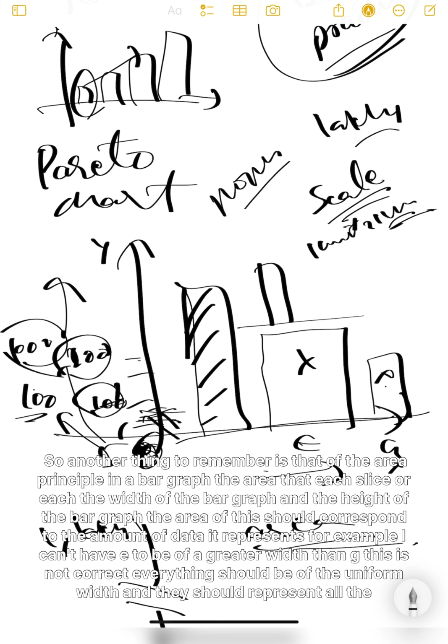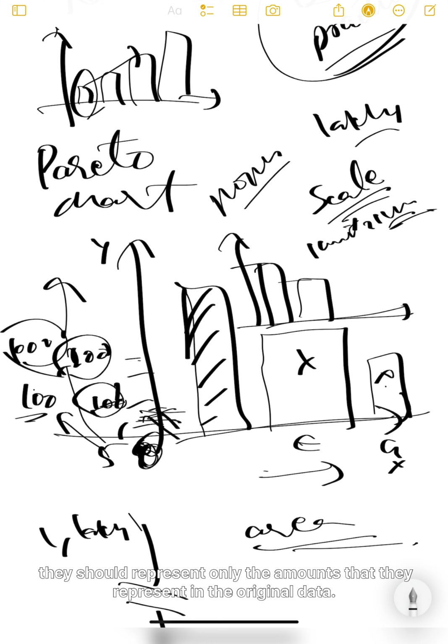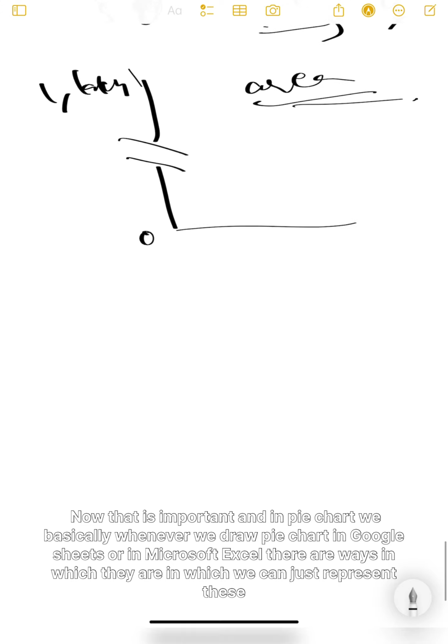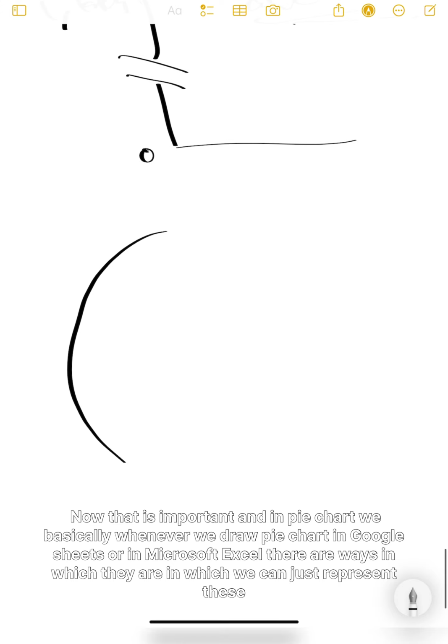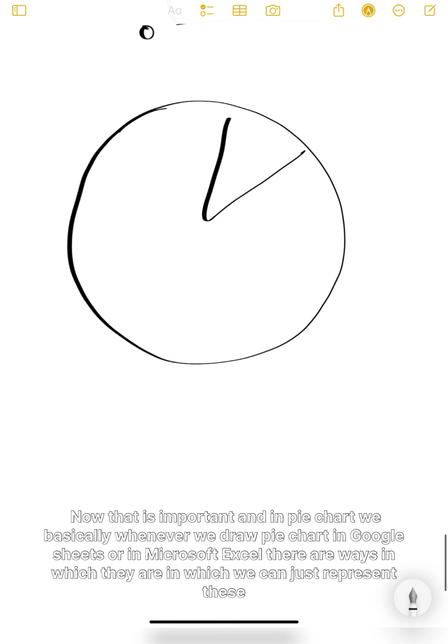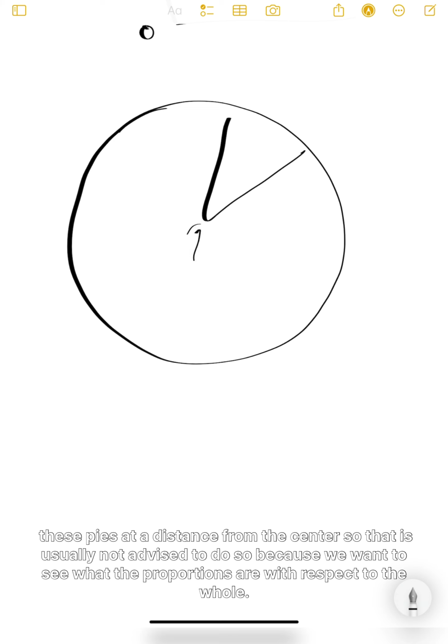Everything should be of uniform width, and they should represent only the amounts that they represent in the original data. Now that is important. And in a pie chart, whenever we draw one in Google Sheets or in Microsoft Excel, there are ways in which we can represent these pies at a distance from the center.